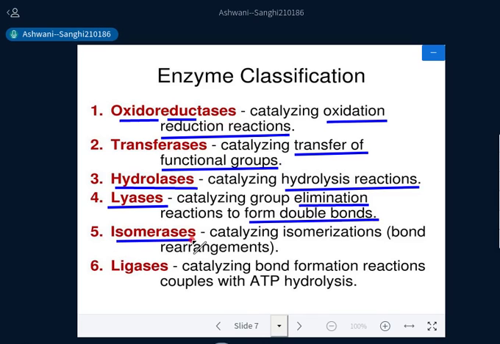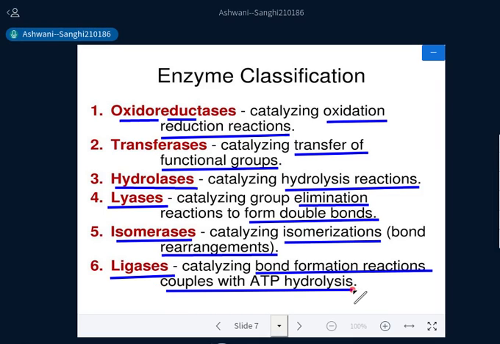Isomerase means all isomerization reactions or bond rearrangement reactions. Ligase means bond formation reaction, coupled with ATP hydrolysis, the breakdown of ATP.